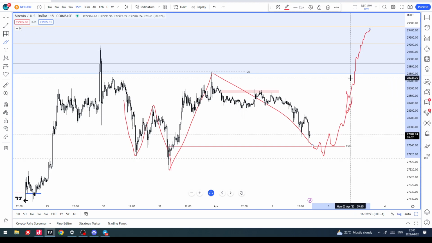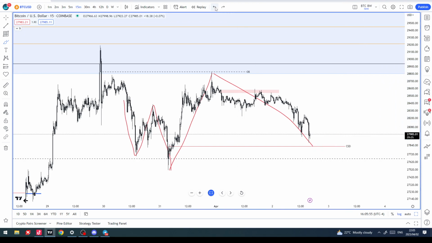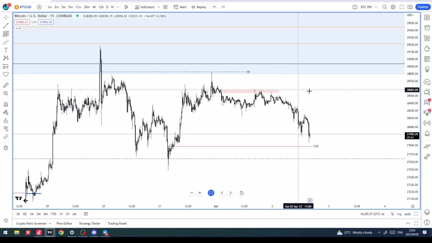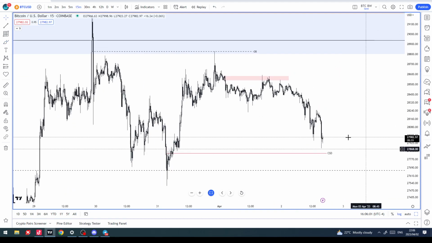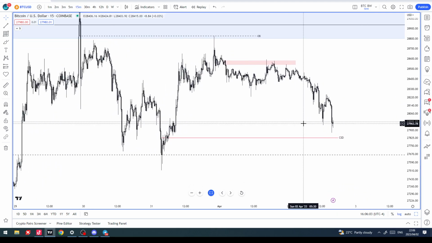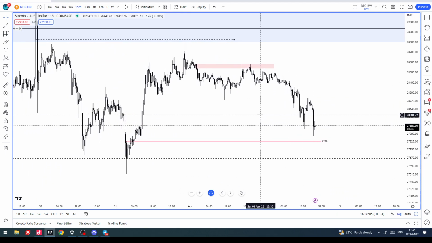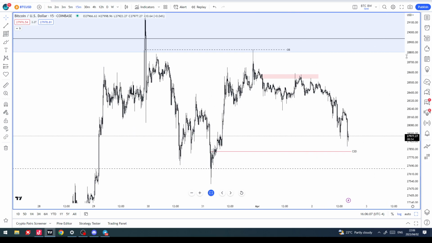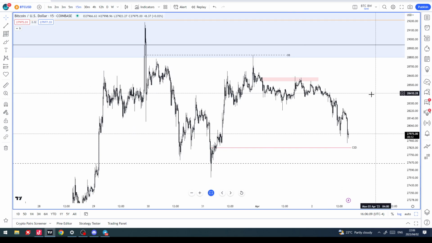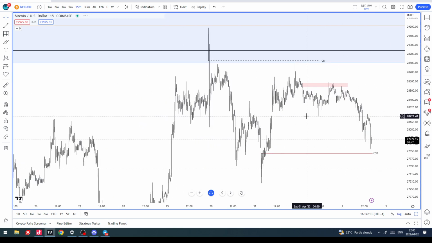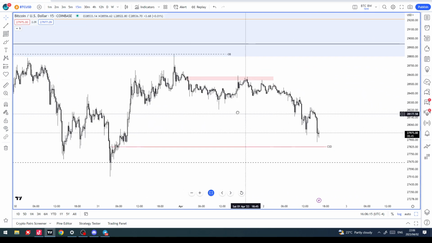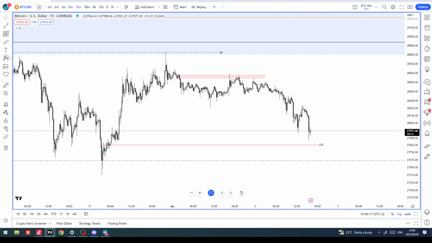I have just a question. This CSD, is it also some demand? No. CSD is just a change in the state of delivery. Well, if you look at, I posted something earlier. It was an index of ICT. Someone created it, an AI thing. So if you look at what the definition of an order block is, it says it's a change in the state of delivery.